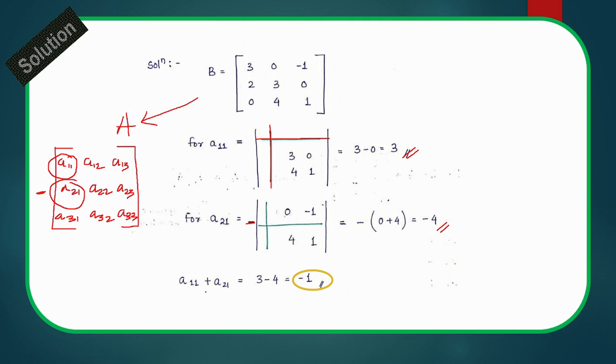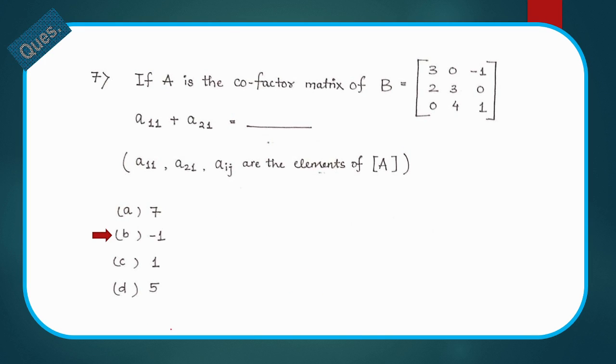So finally A11 plus A21 equals 3 minus 4 equals minus 1. So here option B is the answer. A11 plus A21 equals minus 1.